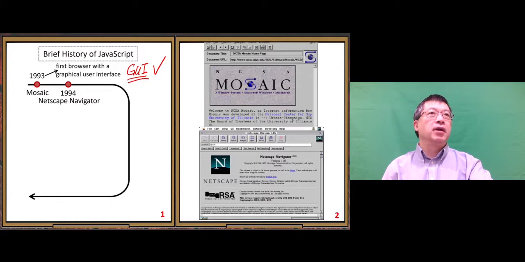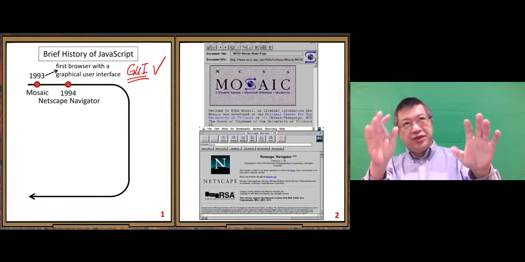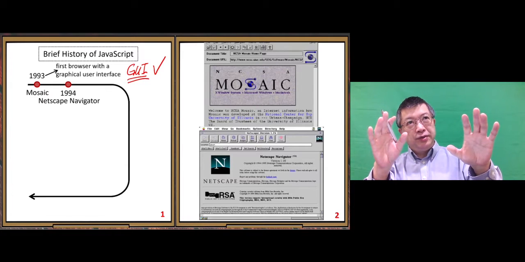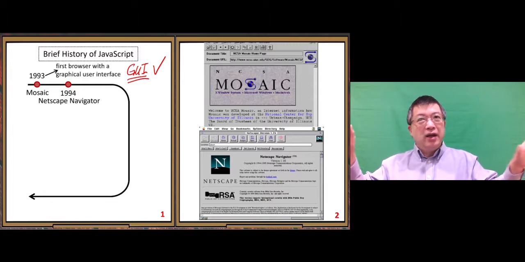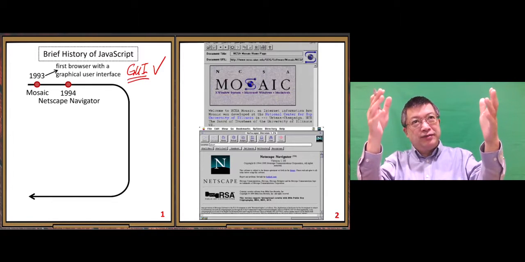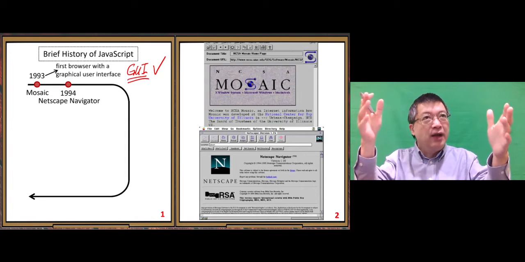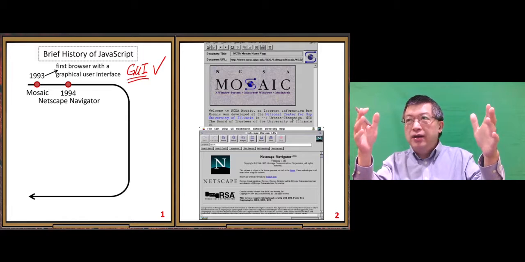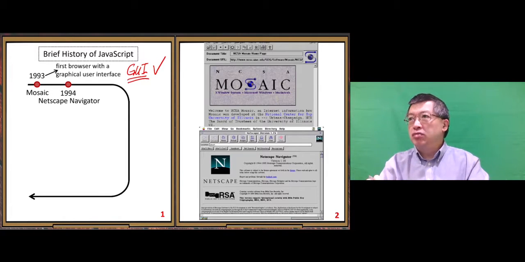Because when you use Netscape Navigator, you feel much better than with Mosaic. The interface looks really nice, much better than Mosaic, and the functionality, the features, are much more powerful.